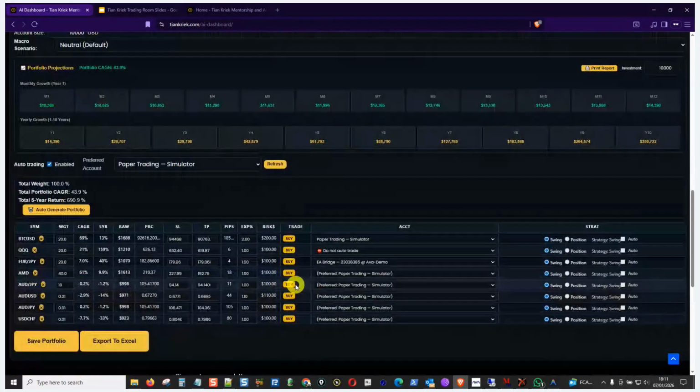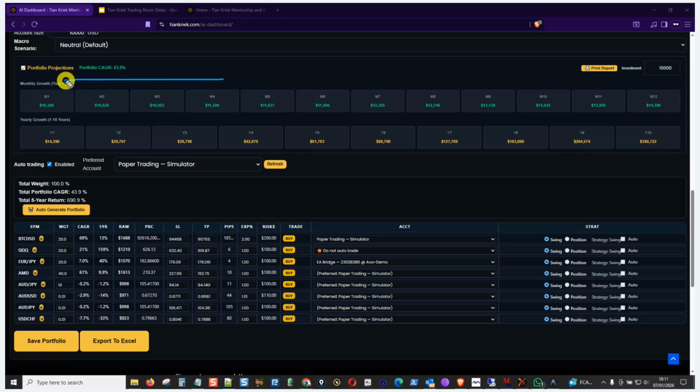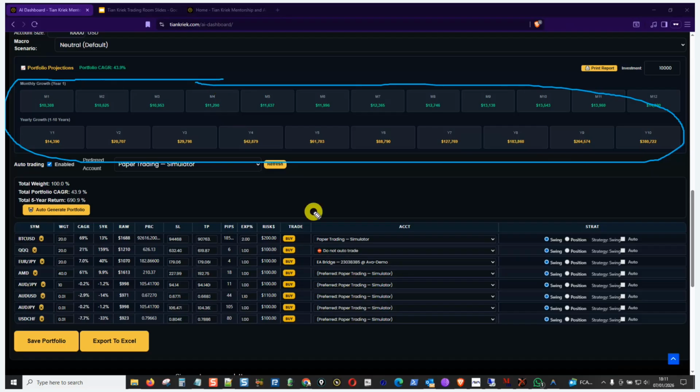Now, according to what you have added to your portfolio, okay, and the strategy selected, you will see that you will have a monthly growth and a yearly growth section at the top of the portfolio, just to give you a bird's eye view of what to expect over a 10-year period, for instance, if you maintain this portfolio exactly the way it is, or a 5-year period, and then also month by month.